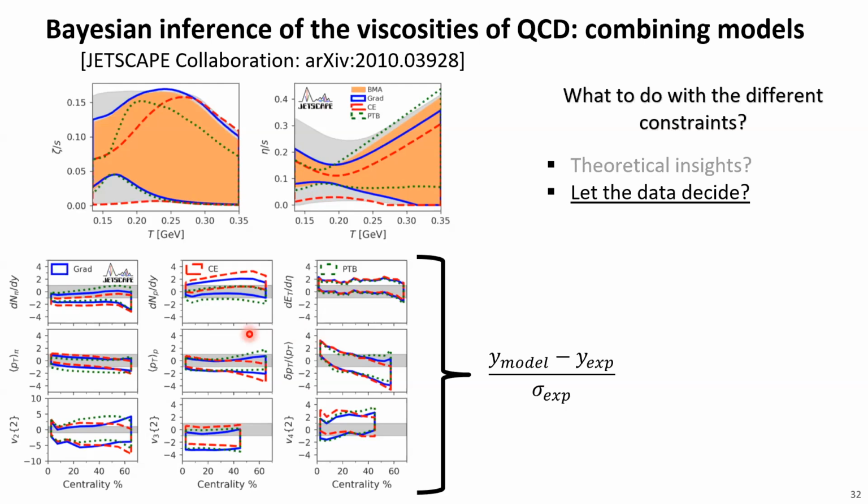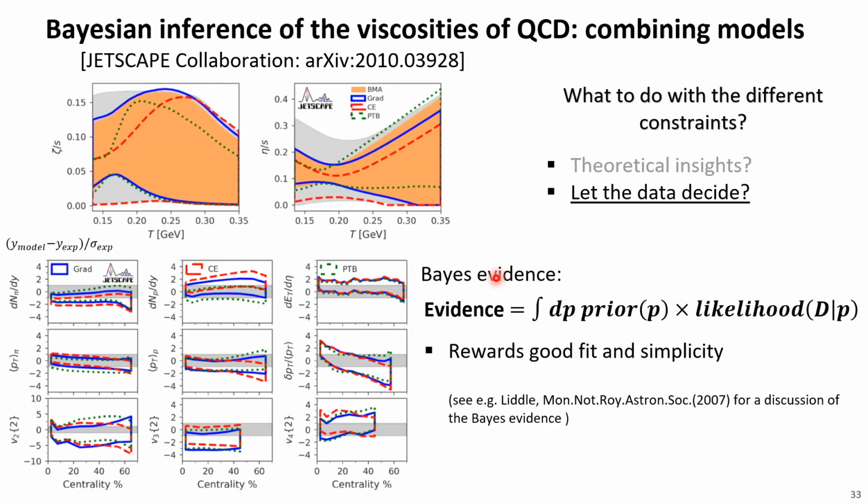So we used a statistical quantity called the Bayes evidence, which really is the normalization of your posterior. The evidence has a nice property. It rewards a good fit to data, but it also rewards simplicity. In our case, rewarding simplicity is not important, but just remember that you'll always get a better fit to data if you keep adding parameters.